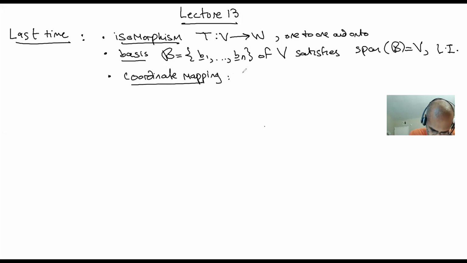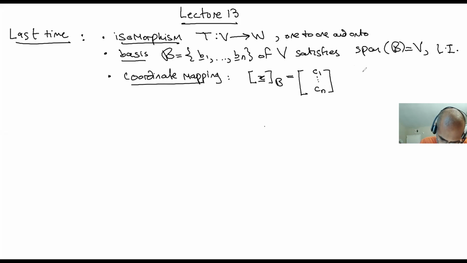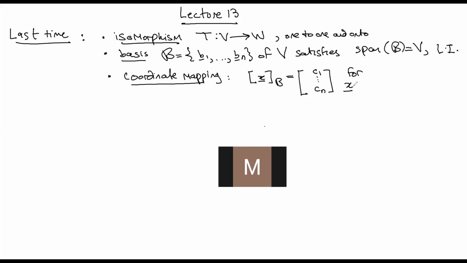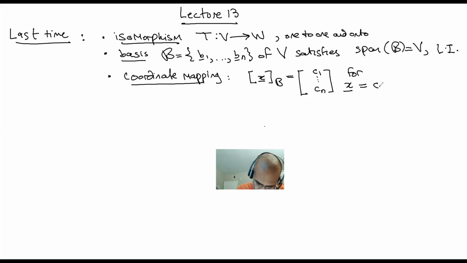If V has a basis with n vectors as above, then the coordinate mapping of a vector x in V, which is expressed as a linear combination of the basis vectors, is a vector in Rn.